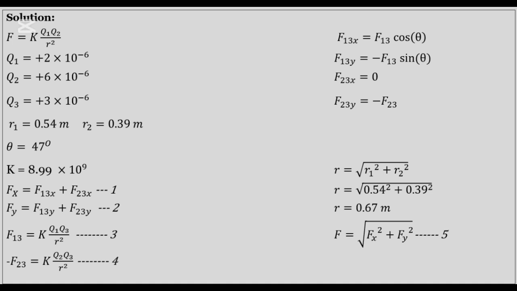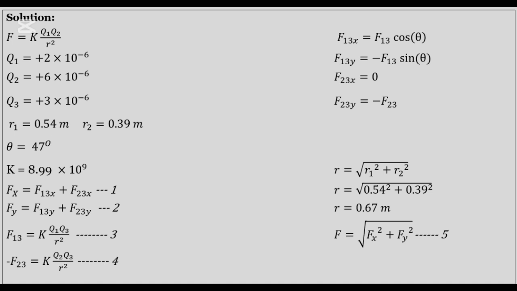Fy is F13y, which is the force that charge 1 exerts on charge 3 along the y-axis, plus F23y, the force that charge 2 exerts on charge 3 along the y-axis. We sum those up to get the total force along the y-axis. Before we do that, we are supposed to find F13 and F23.